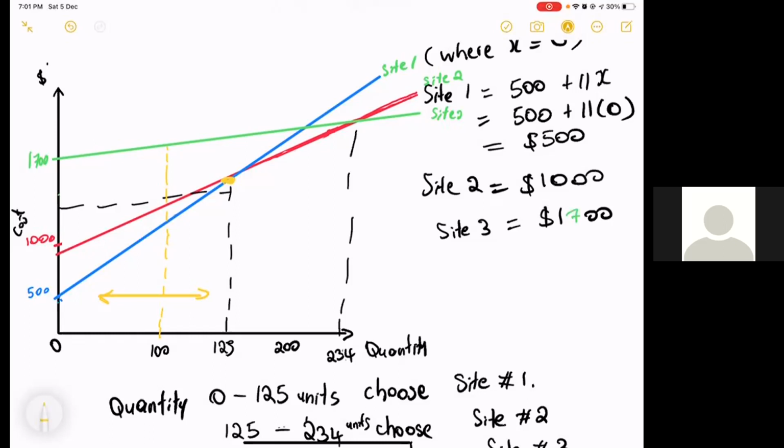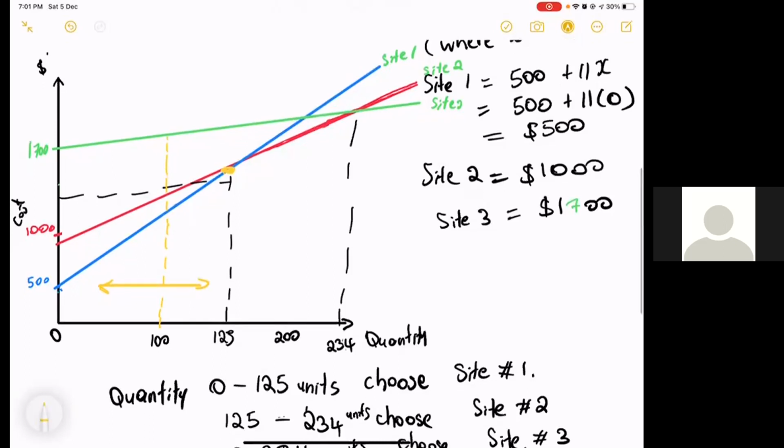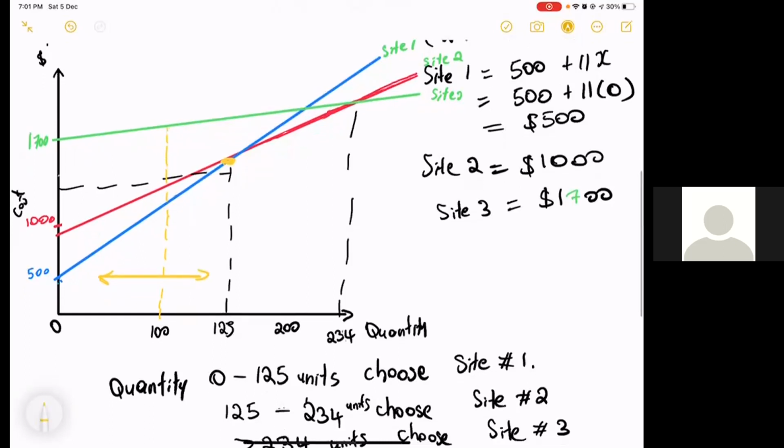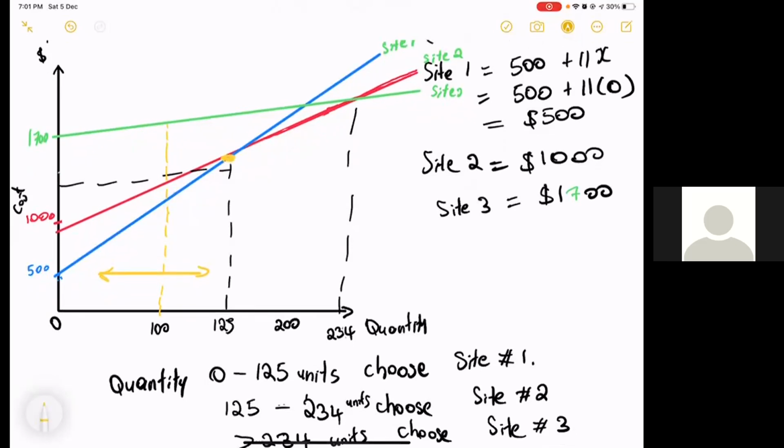The same thing follows if we wanted to produce something between 125 and 234. If we wanted to produce 200 units, we would have gone with site number 2, because here we can get 200 units for, let's say, $1,650 instead, and that's cheaper than producing it at either sites 1 or 3, because we'd be paying too much.